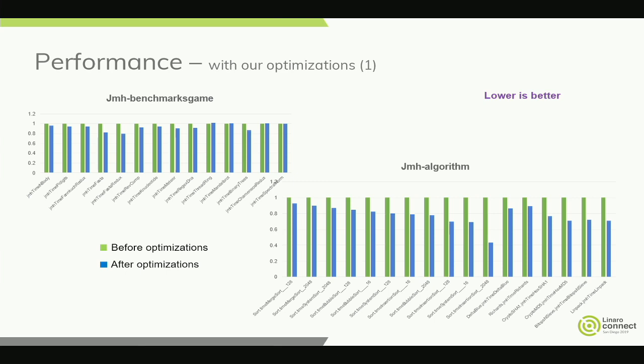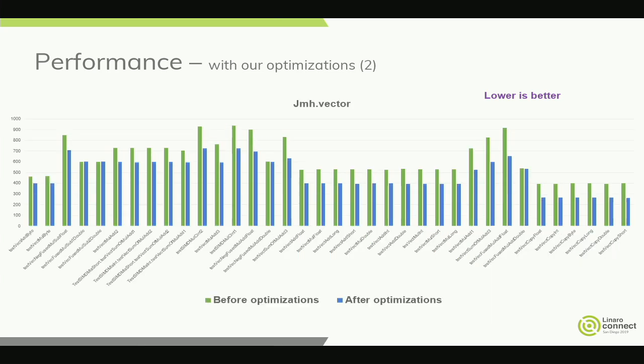The blue part is the results with our optimizations, and the gray part is without our optimizations. So as we can see, it more or less has some improvements. Also for the algorithm part, currently it has 7 to 130% improvement.